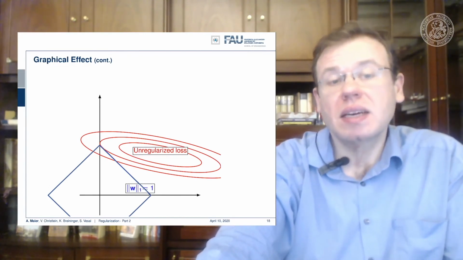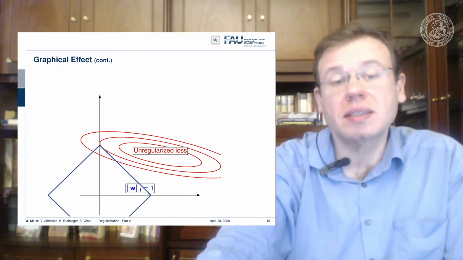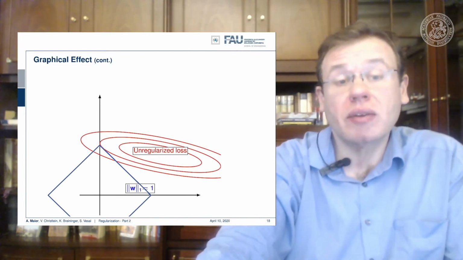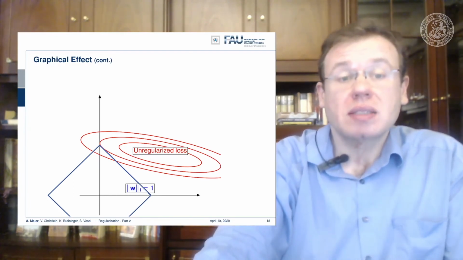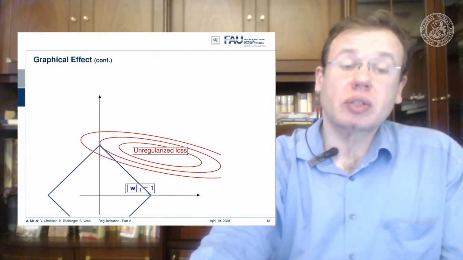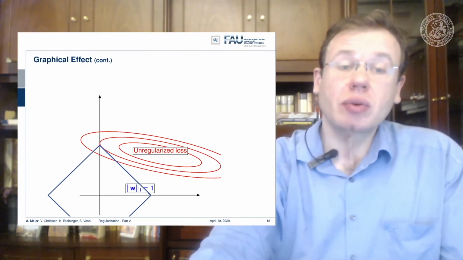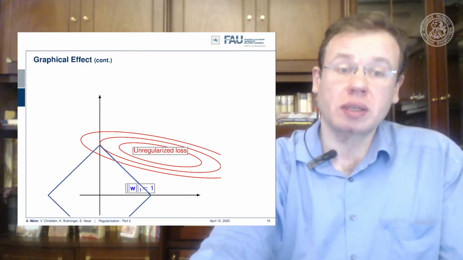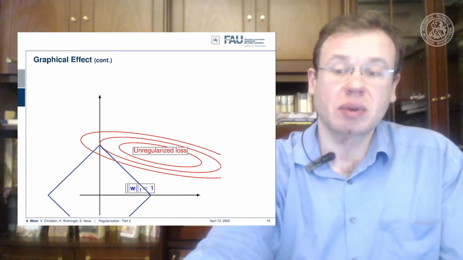And this is a solution that is very sparse, meaning that we only have entries for y in our weight vector, and the entry for x is very close to 0 or equal to 0 in this case. So if you want to create networks with few connections, you may want to introduce an additional L1 regularization on the weights. This will cause sparse weights.